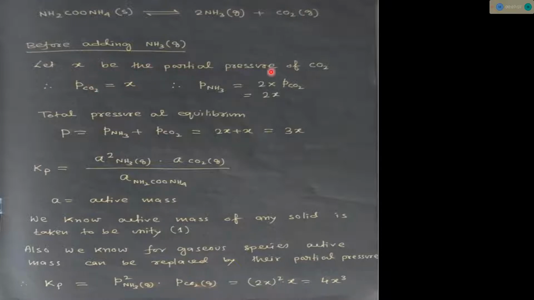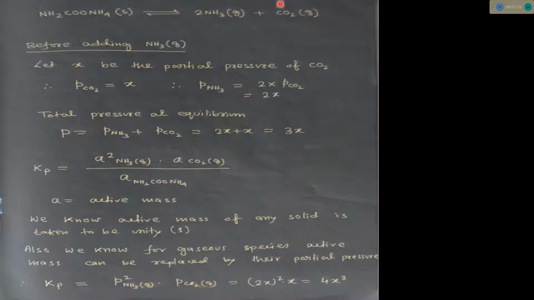If the partial pressure of CO2 is X, then P of NH3 becomes 2 times the partial pressure of CO2, because in this equilibrium, 1 mole of carbon dioxide is present and 2 moles of NH3 are present.